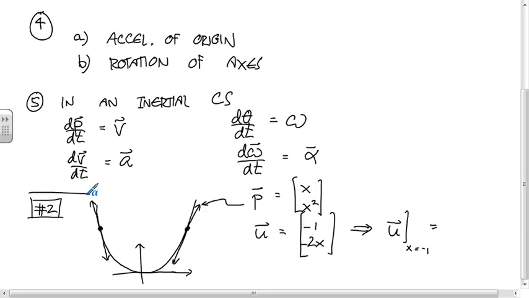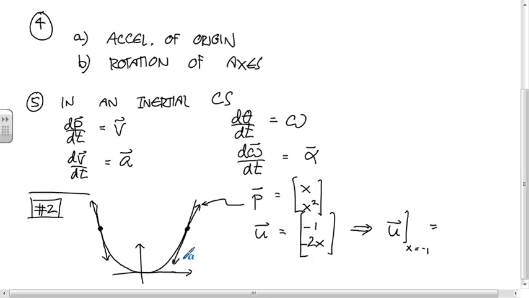I'm plugging in the -1 for x because that's the point we're evaluating. And that makes the y component positive. Y would be positive on both points. Well, if you did it over here, for x equals +1, you'd get a value of -1 for x, -2 for y.